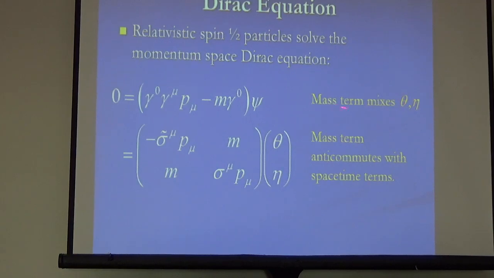Notice now the mass term still mixes up theta and eta the way it did before. But because it is off diagonal as a 4x4 matrix, it anti-commutes with all the other gammas. In fact, it's the time-like term with mu equals 0, which is just the identity, that doesn't anti-commute with everything else.